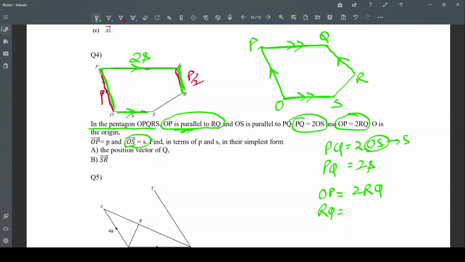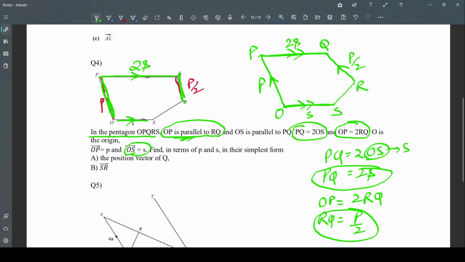So I can write P by 2, 1/2 of P, because this length is P, so half of that is P by 2. Okay, so RQ is P by 2. So let us solve the question. RQ is P by 2, PQ is 2S. So I'll take this here. RQ is P by 2, and this is P, this is 2S, this is S.